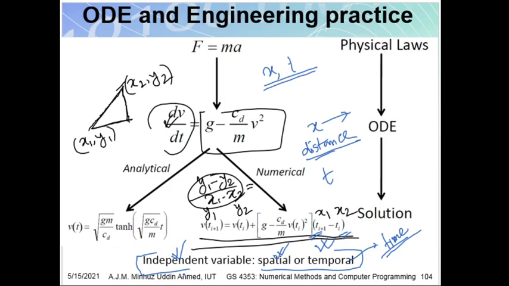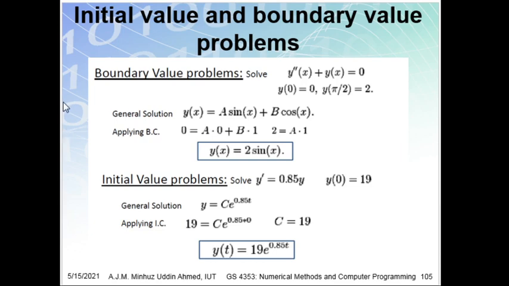However, the two types we usually see are in the case of ordinary differential equations. Before that, I would like to ask you, what is an ordinary differential equation? I know you know that, but let me review it. ODE is where the differential equation is related to only one dependent variable.